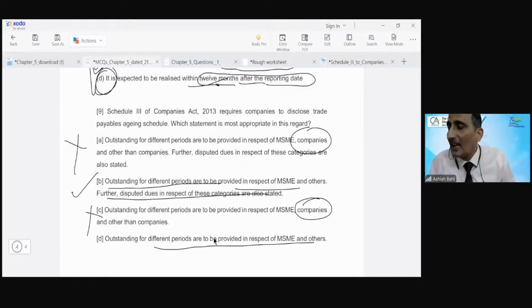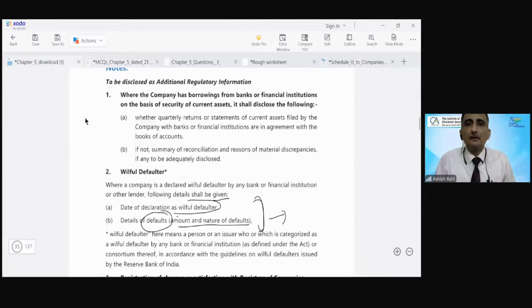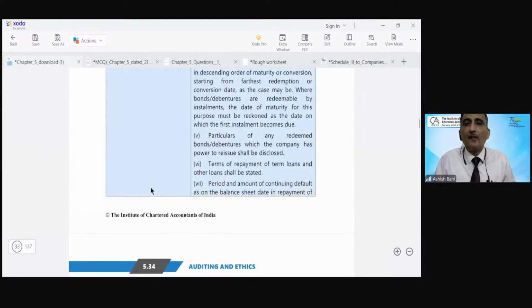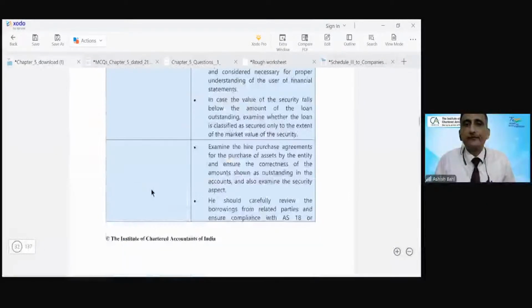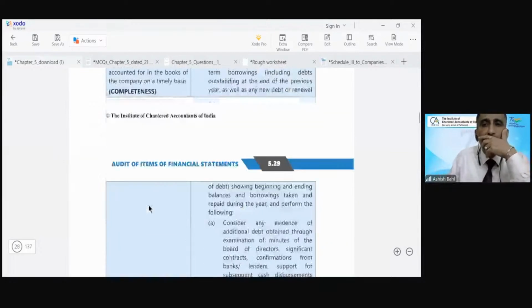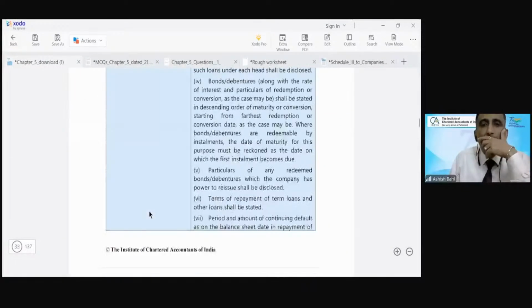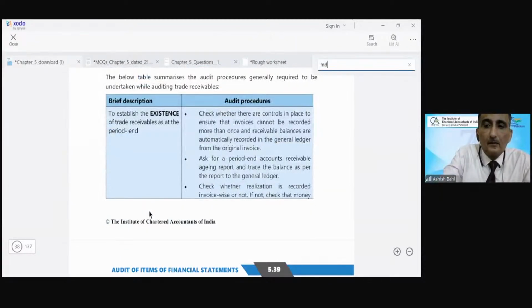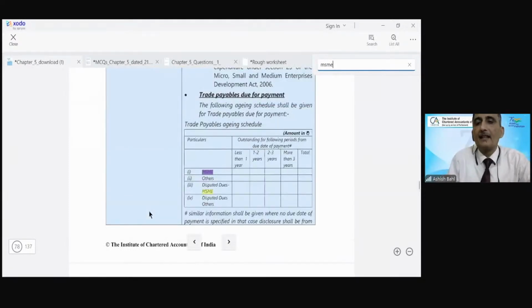All of you are writing incorrectly. So, the trade payables ageing schedule in your module. If you see it, guys, like this, it doesn't ask for disclosure separately for companies.